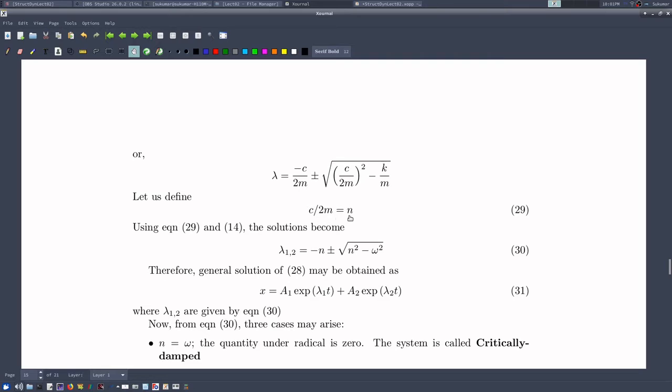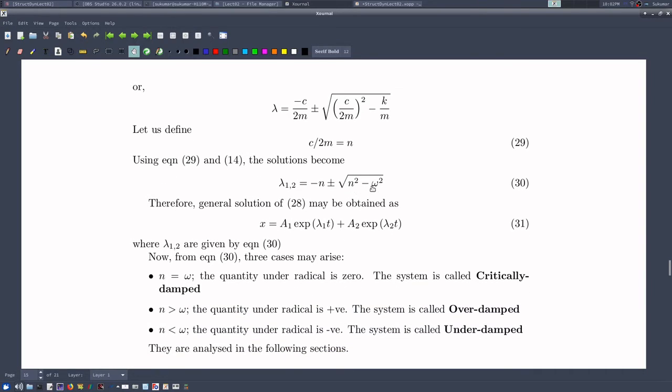So if I call c by twice m as n, then the values of lambda are given by minus n plus minus root over n square minus omega square, and therefore the general solution of my original differential equation can be obtained as a1 e to the power lambda 1 t plus a2 e to the power lambda 2 t, where lambda 1 and 2 are given by this equation. Okay. Now, depending on the value of the quantity under the square root sign, I can have three different cases.